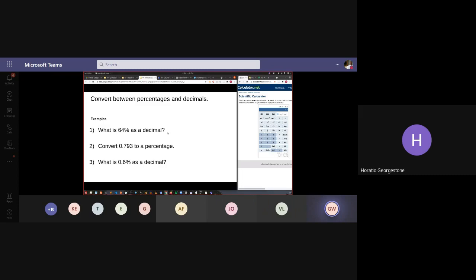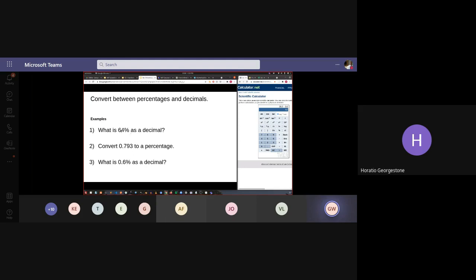And we can also think of that per word as meaning divided by. So 64% we could think of as 64 divided by 100, because it's 64 over 100 as a fraction. And remember, fractions and divisions are equivalent to each other. So that tells us how to convert a percentage to a decimal.